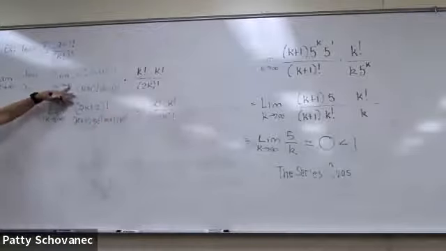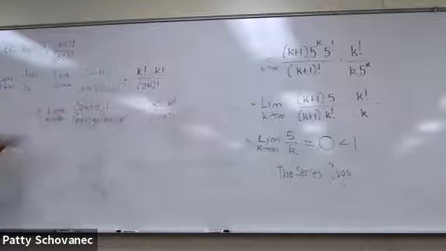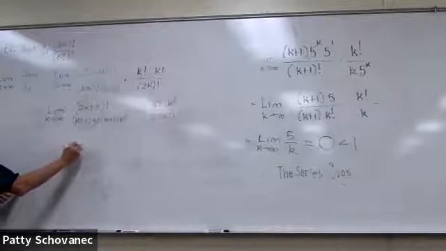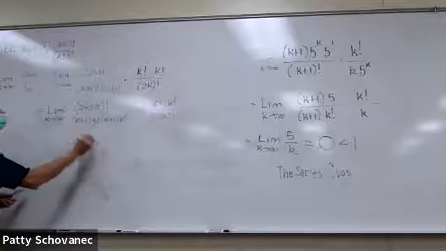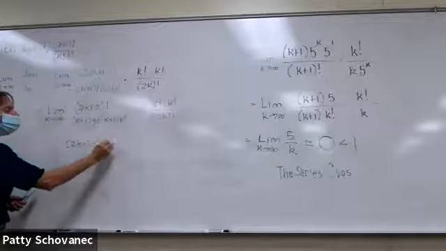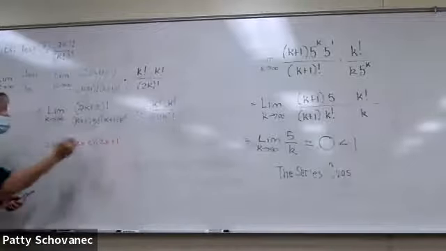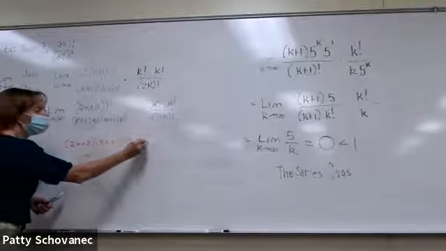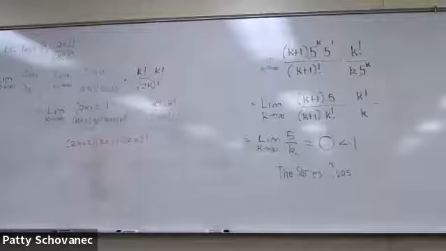And now let's think of 2k plus 2 factorial as itself times integer reductions of it. So I can say that 2k plus 2 factorial looks like 2k plus 2 multiplied with 2k plus 1 multiplied with 2k. And then from here on out, all of these mimic 2k factorial.